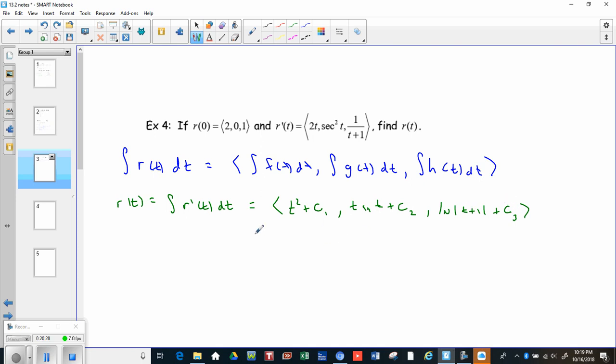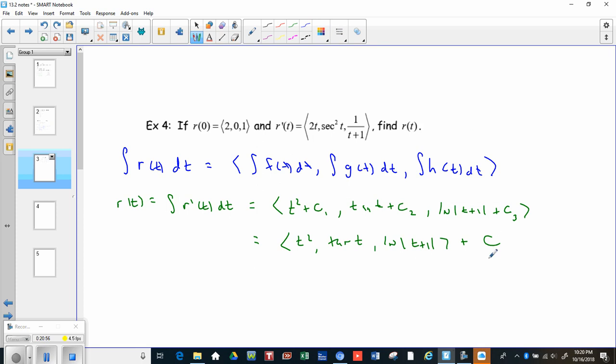Okay, this can actually be written in this form, but I want to make sure I touch on something right here. This can be written as t squared, tangent of t, natural log absolute value of t plus 1, plus some big C. The biggest thing here is that you have to understand that big C right there is not just a single number.